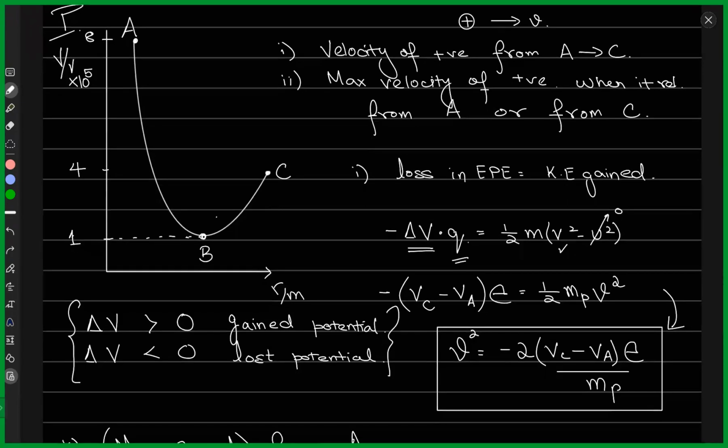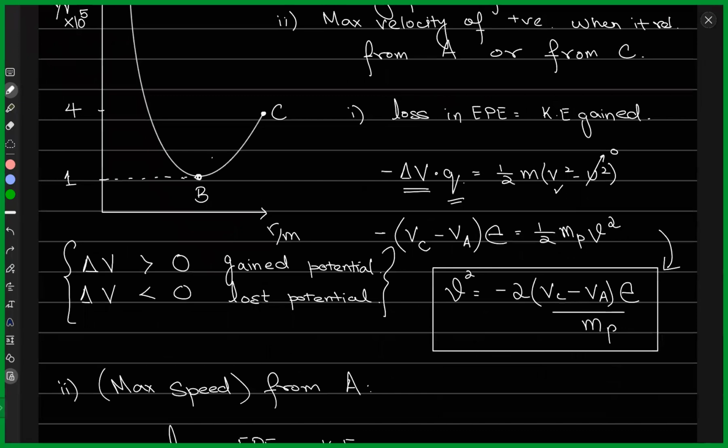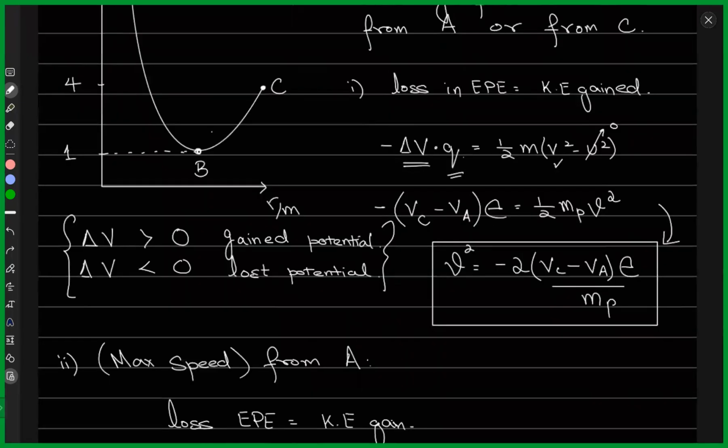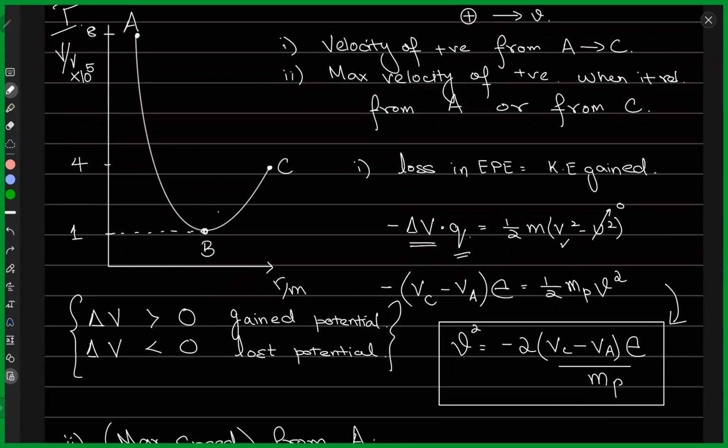Now, we want to compute its maximum velocity when it is released from A. So first we start doing that. If it's released from A, its initial potential is 8, and it will eventually come to a stop at B, so its final potential is 1. Everything else remains the same.